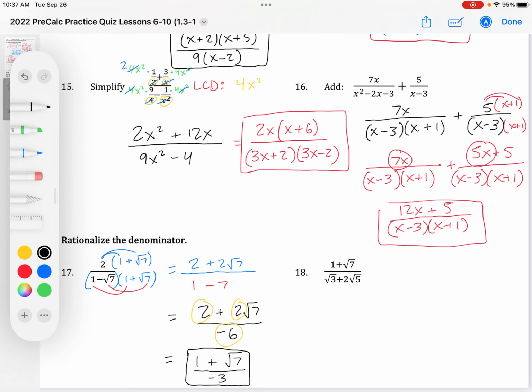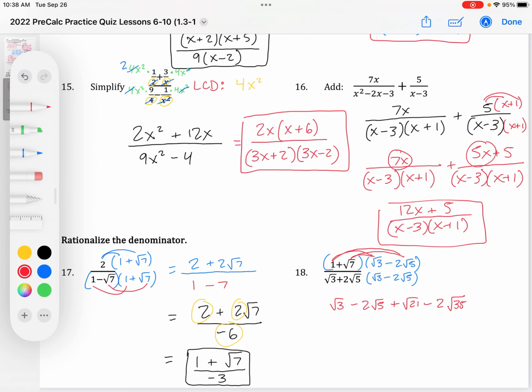All right. Last but not least, one more rationalizing problem. Here we're going to multiply by root 3 minus 2 root 5 in the top and the bottom. All right, so in the top we have to FOIL this. This is going to be 1 root 3 minus 2 root 5, and then plus root 7 times root 3 is root 21, and then minus 2 root 35.